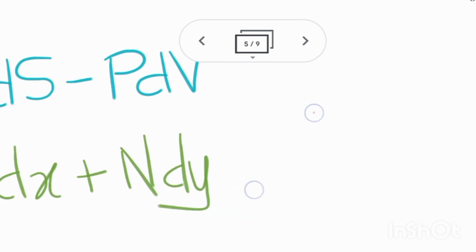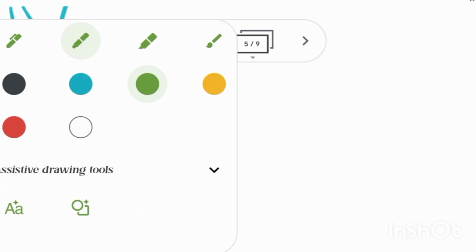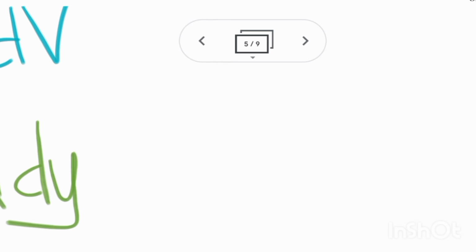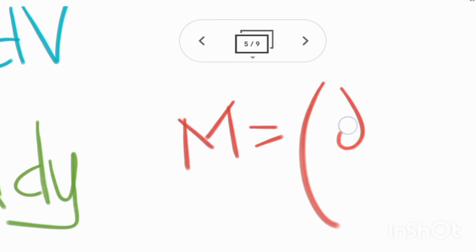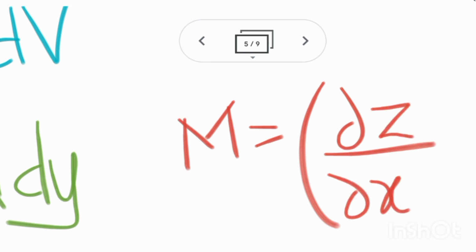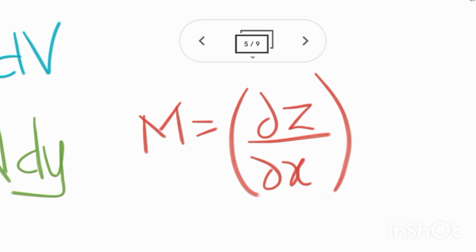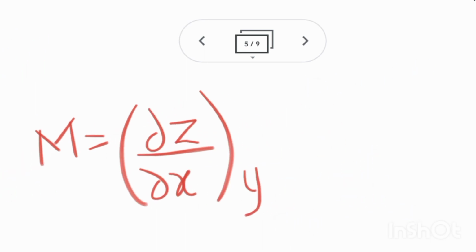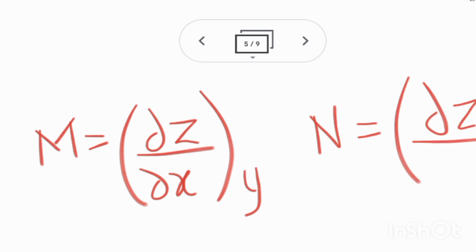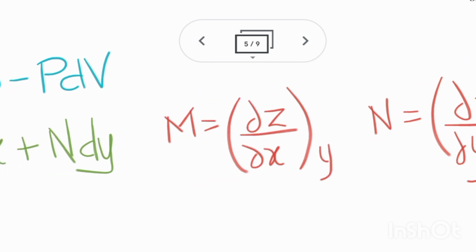We know that from the exact differential format, M will be equal to ∂z/∂x at constant y, and N equals ∂z/∂y at constant x.